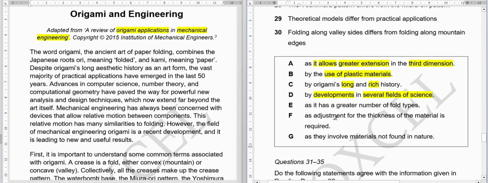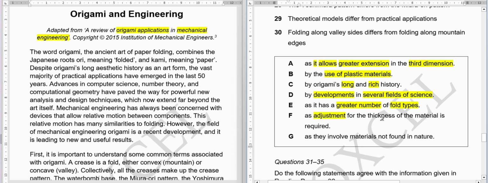E, as it has a greater number of fold types. In origami we fold the paper, so it has a greater number of fold types. Maybe the other types will have two or three folds, it may have four or five folds, something like that, so the number will be greater. F, as adjustment for thickness of the material is required.